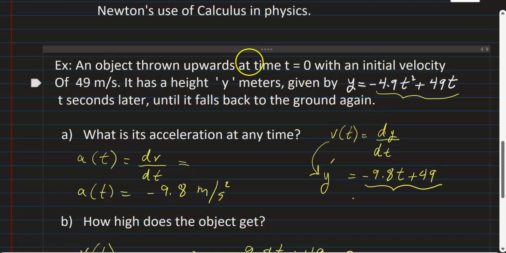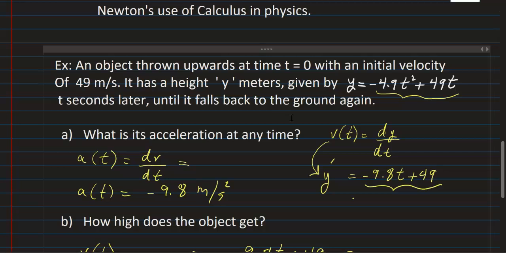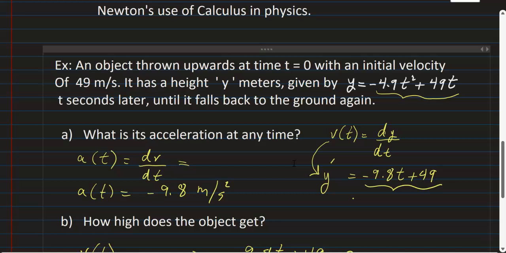Newton created it because he couldn't use typical algebraic operations to deal with change: change in velocity, change in distance, change in time, change in acceleration. And of course, all of classical physics is based on that.